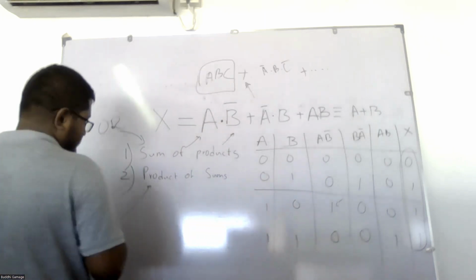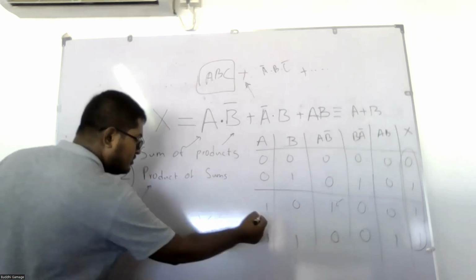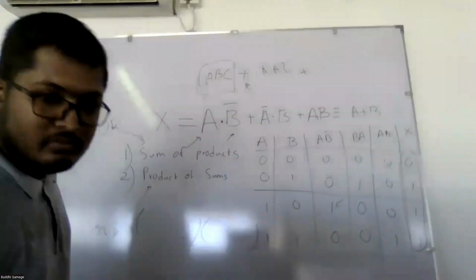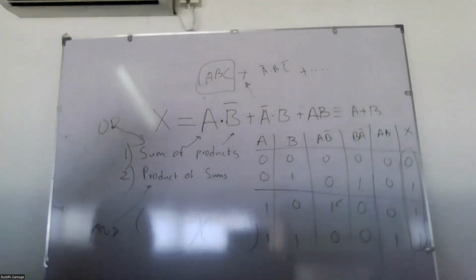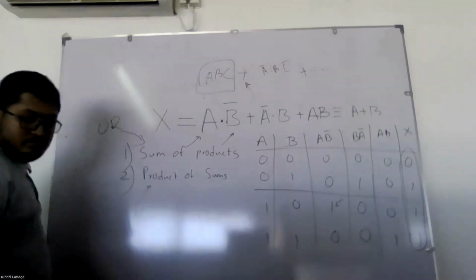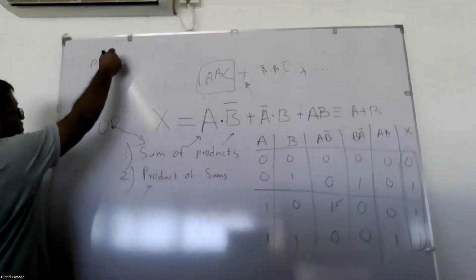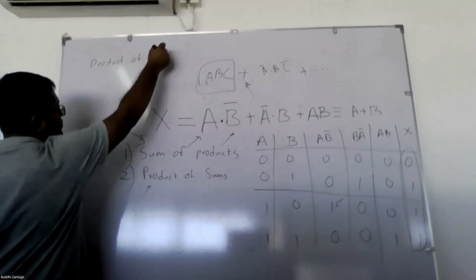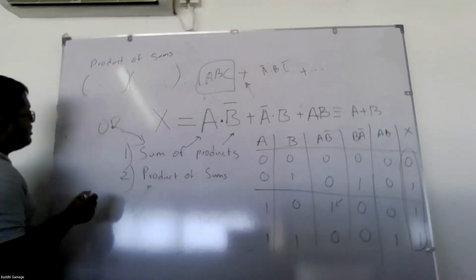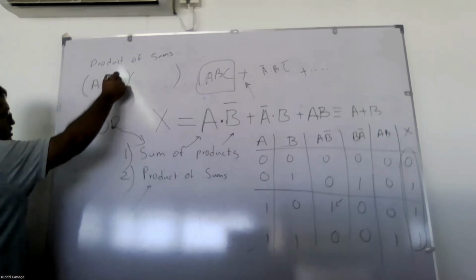Now product of sums. It means we finally have a product like this. Product of sums: product means this, and sums, so inside each product there should be sums.